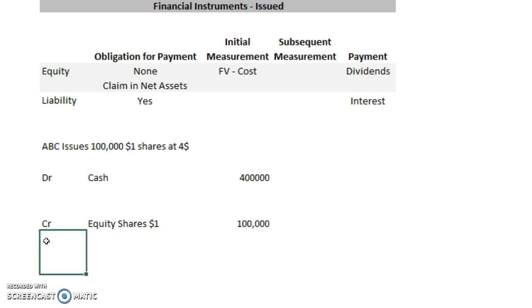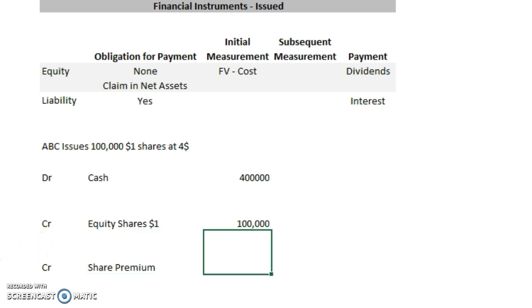We're also going to credit share premium, and the difference between the price of the shares and the equity share amount goes into the share premium account, and that's going to be the difference, which is 300,000.